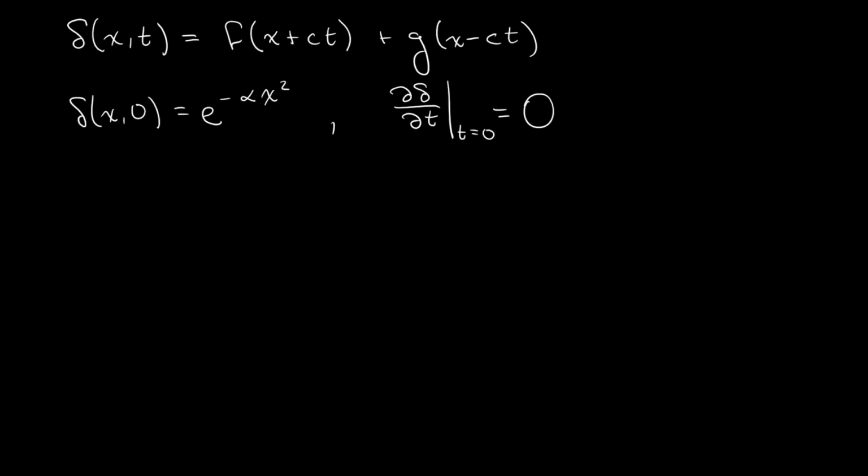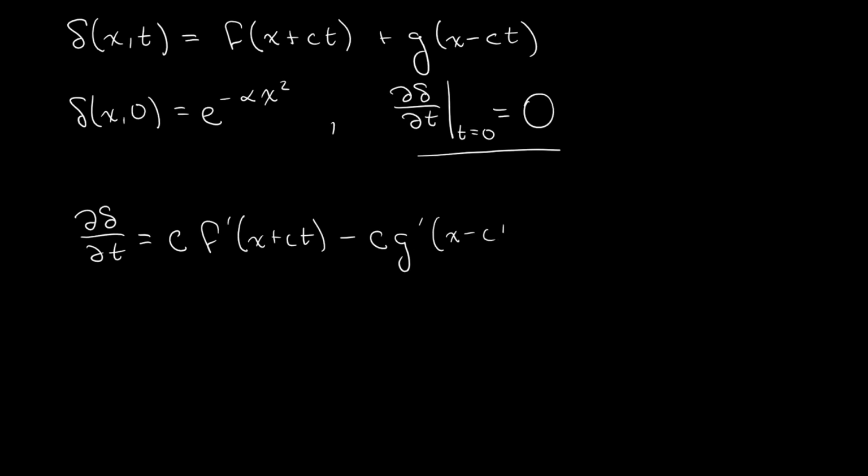Okay, so this condition actually ends up being the easier of the two to start with. So d delta dt is going to be f prime of (x plus ct), where the prime just means I'm taking a derivative with respect to the whole argument, and then minus g prime of (x minus ct).